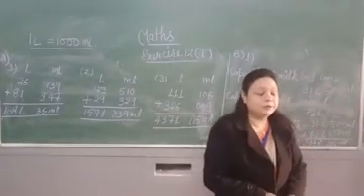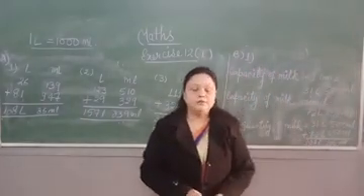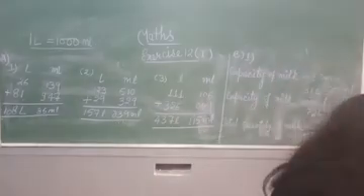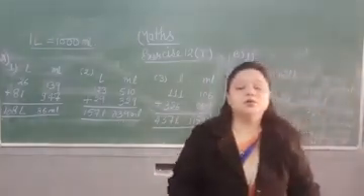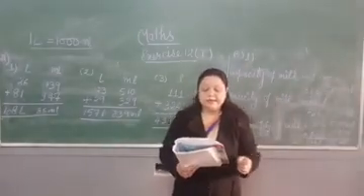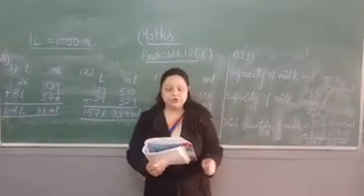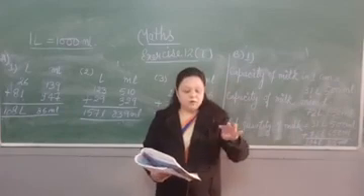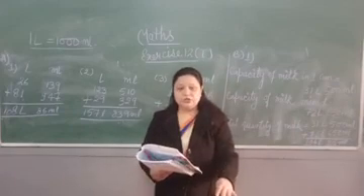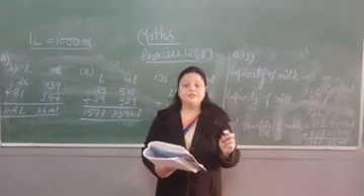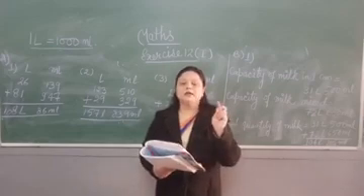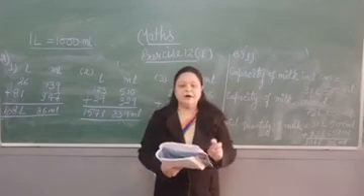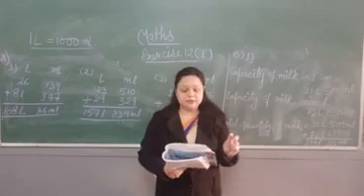Now open page number 88, word problems. In the word problem, the first question is 3 liters 500 milliliters of milk in 1 can. One can is there in which milk is there and the capacity of that can is 3 liters and 500 milliliters.